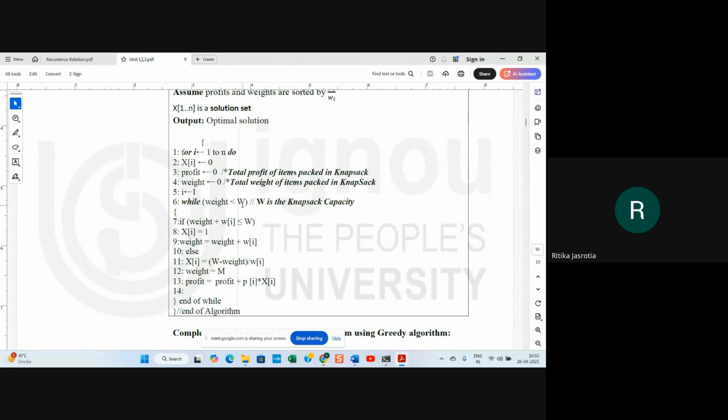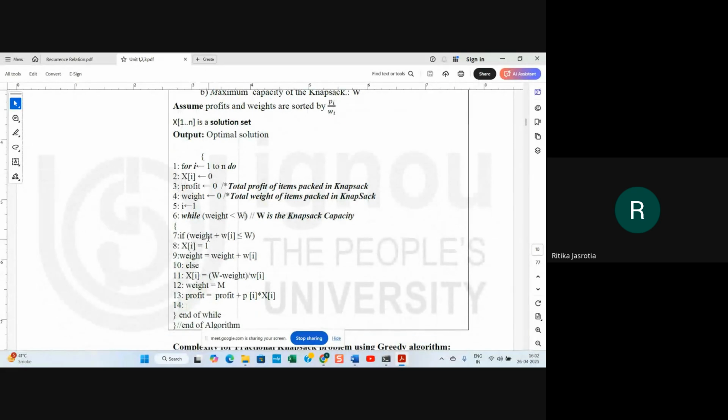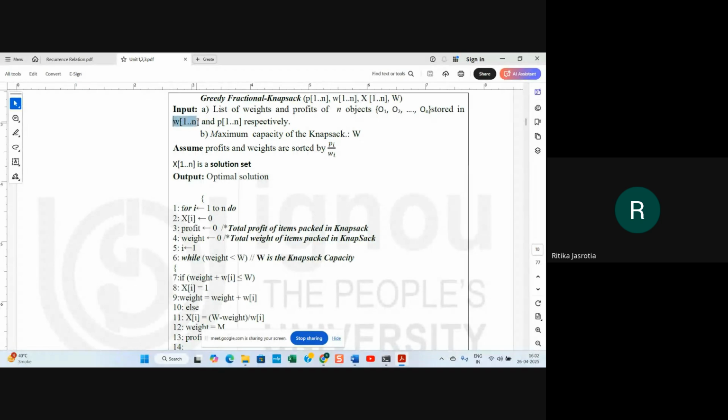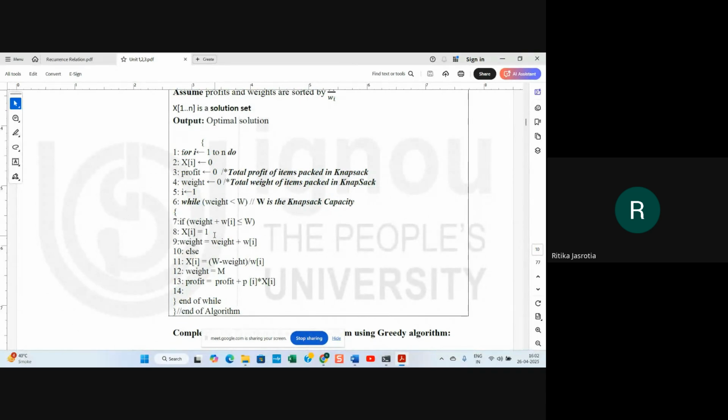While weight is less than w, your maximum knapsack weight, what you will do: if weight plus wi is less than or equal to w, then xi is equal to 1. So you put xi as 1, that means this weight can be put in this knapsack.